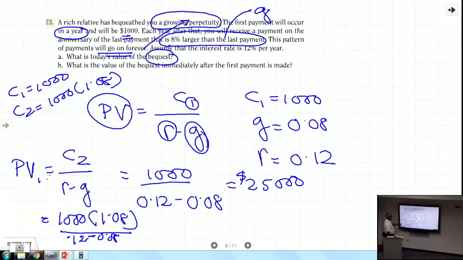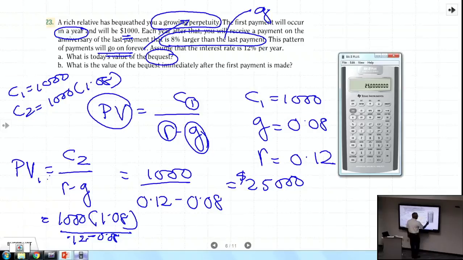So it will be different than what the present value is right now. So our numbers would be, we will divide 1,000 times 1.08 divided by 0.04.